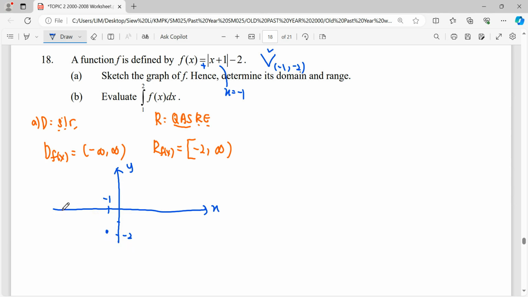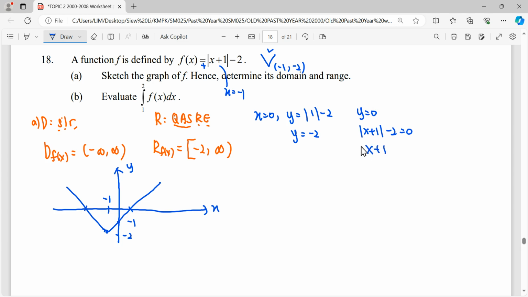So when we want to draw this V shape, we notice that it has intersections. We need to find out when x equals 0, y will be modulus 1 minus 2, so y will be negative 1. So the y-intersection falls at negative 1. And then what is the intersection for x? When y equals 0, modulus x plus 1 minus 2 equals 0.